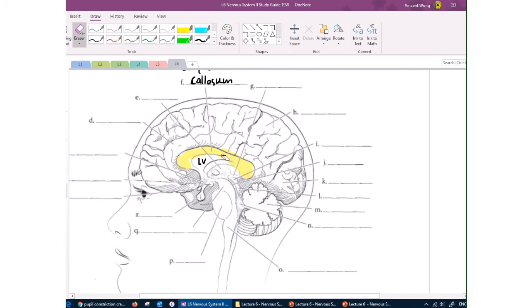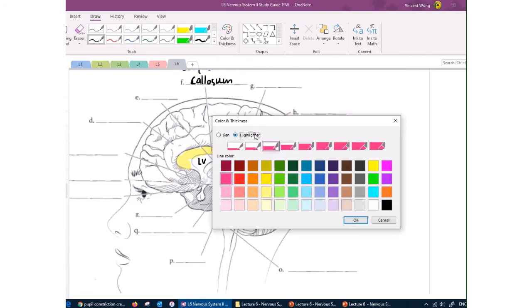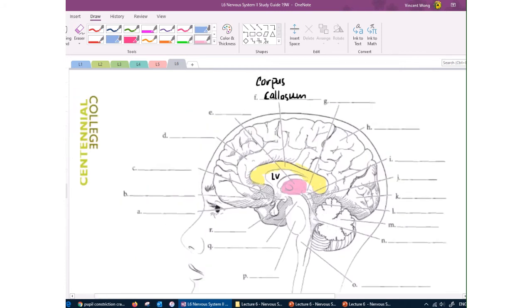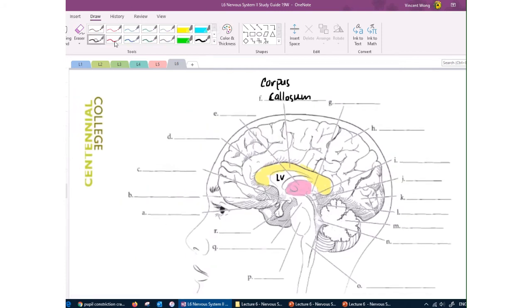And then here you see the oval thing with the circle in the middle, and that is the thalamus. Okay, thalamus. In front of the thalamus, I should mention, is the third ventricle.